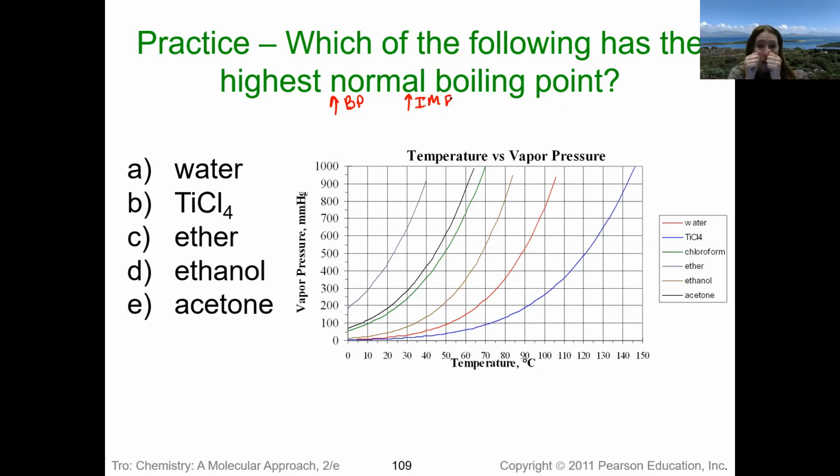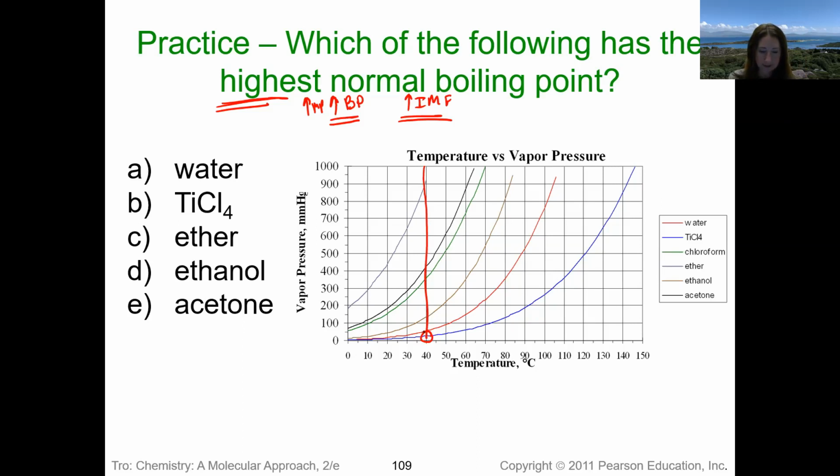If the intermolecular forces are stronger, then it's going to take more energy to break them to go from a liquid to a gas. This also goes with melting point. We've talked about this a few times. So the highest boiling point should be the highest intermolecular forces.